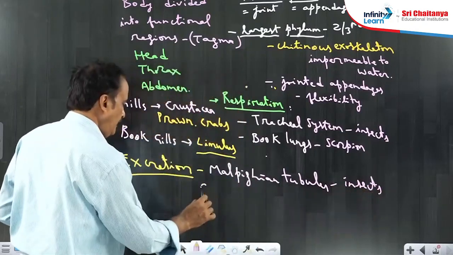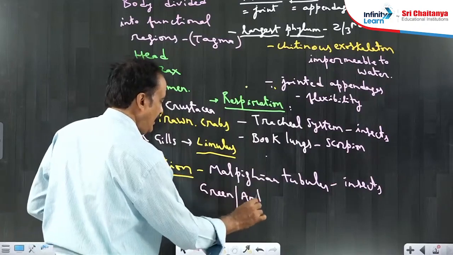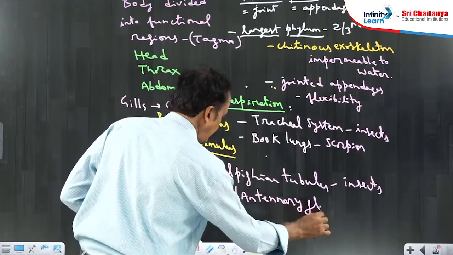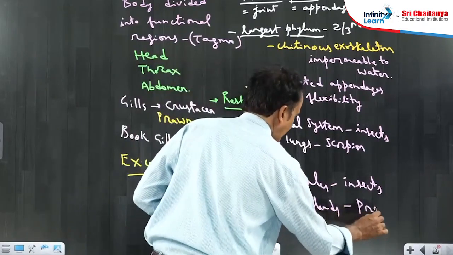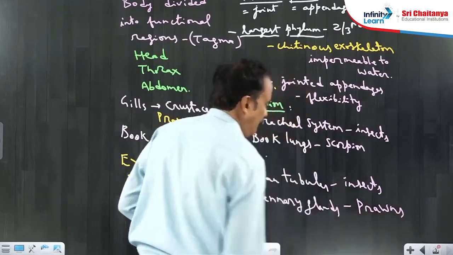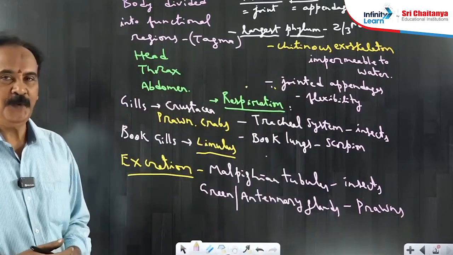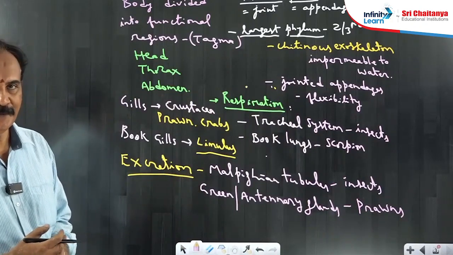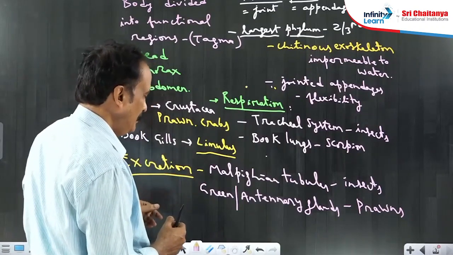In case of crustacea or prawns, crabs, lobsters, they will be carrying out the removal of nitrogenous waste through antennary glands or the green glands. Okay, and these two are special in this phylum.